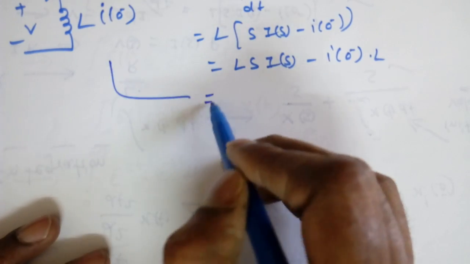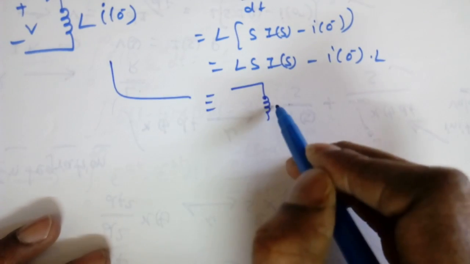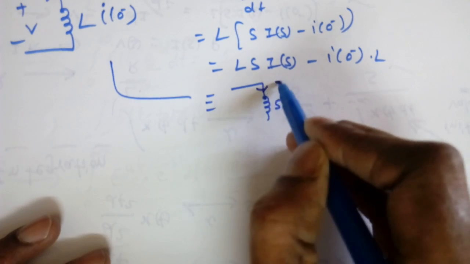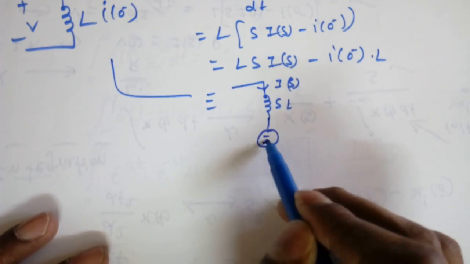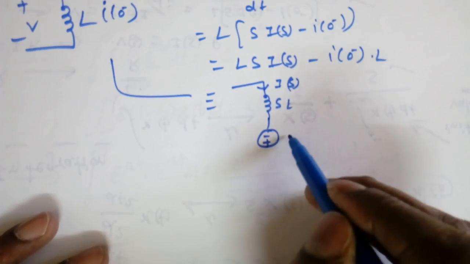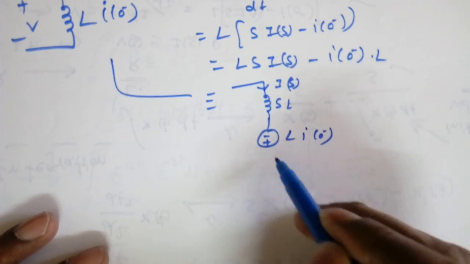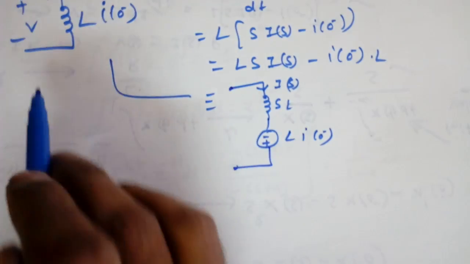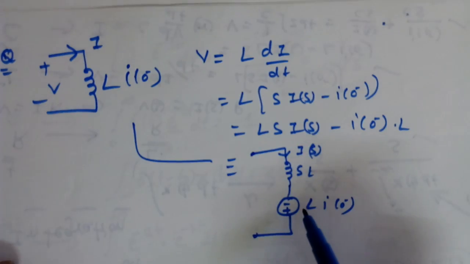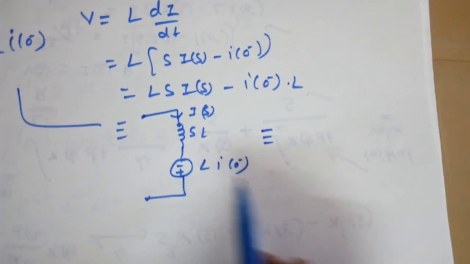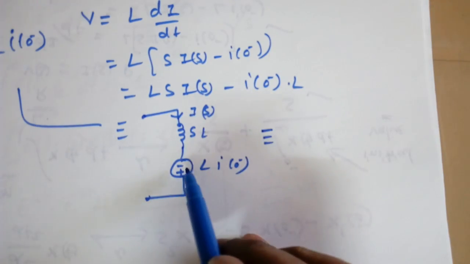This is equivalent to one inductor which is sL, where I of s is flowing, and there is a voltage source which is minus plus, because this is a minus, L into I of 0 minus. So for a transient circuit, the inductor can be replaced in the s domain like this. This is an impedance and this is a voltage source.